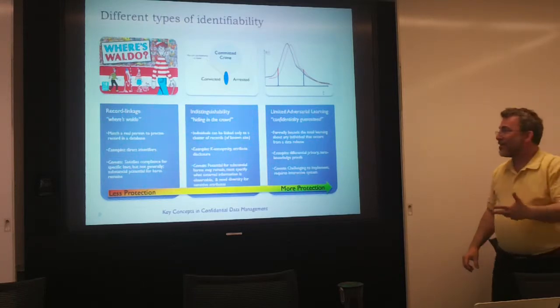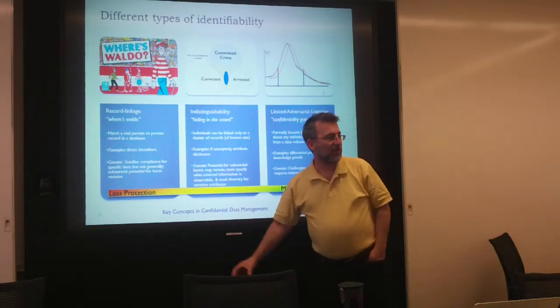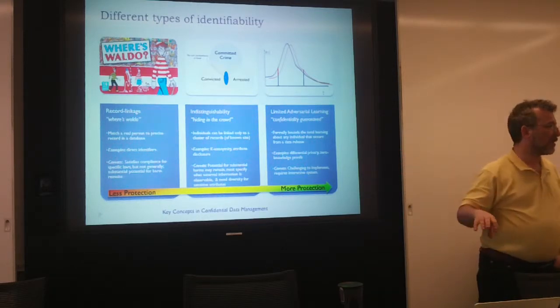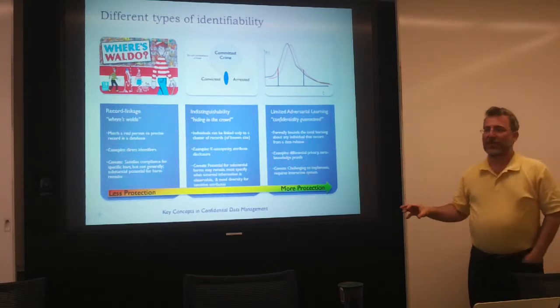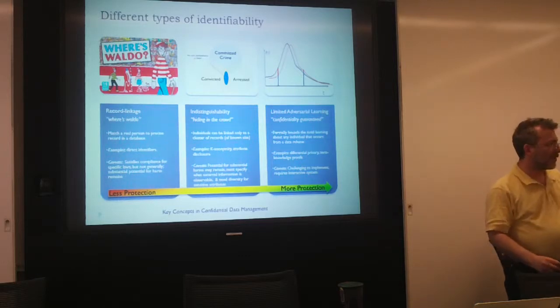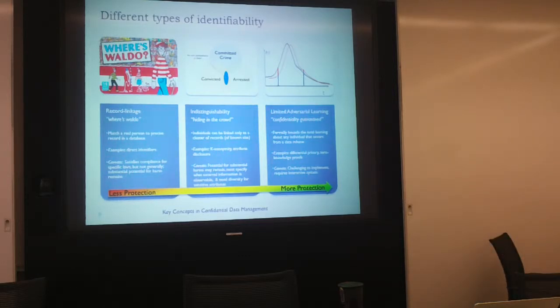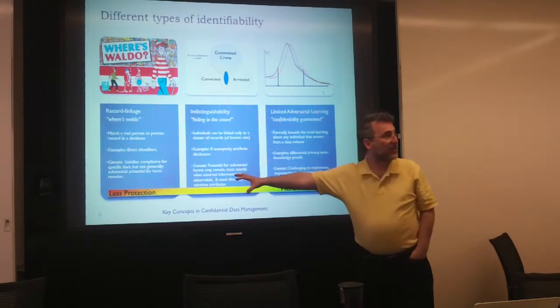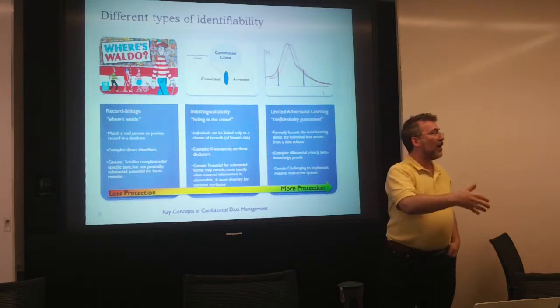In the statistical disclosure control literature of the 80s and 90s, this is also known as record linkage, and it's implicitly embedded in a lot of laws. If you can't find that person, then you're safe, which we know is not true, but it's one of those concepts that's embedded in a lot of the work.